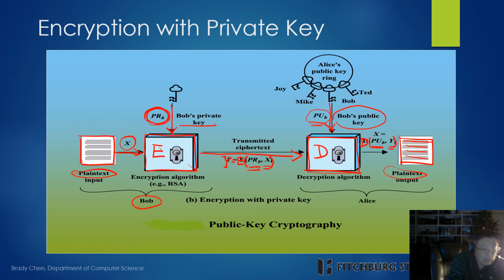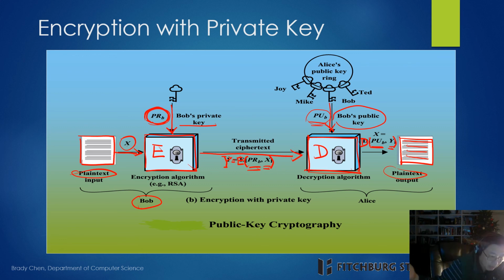It's basically open to everyone. So if everyone wants to get Bob's public key, they can. That means when Bob sends the encrypted message to Alice, Alice can decrypt Bob's message by using Bob's public key. But someone else can do the same thing.